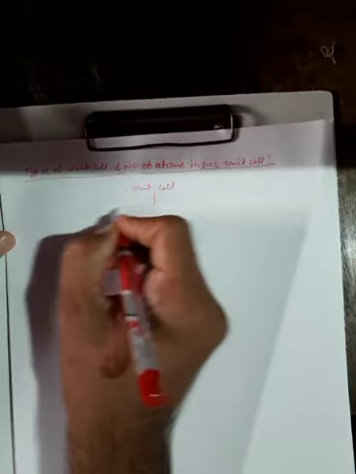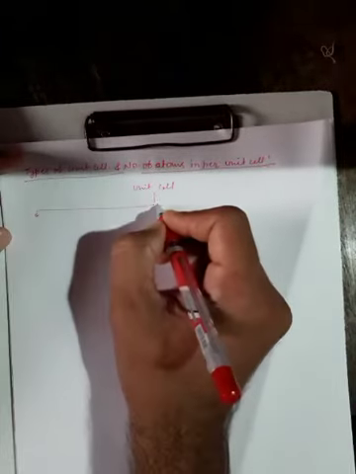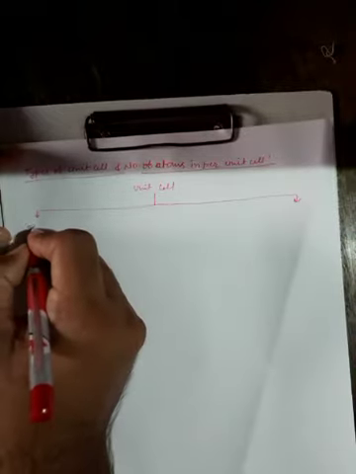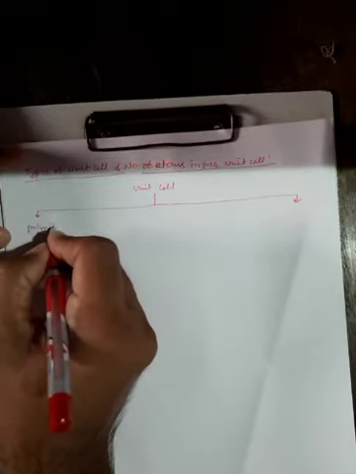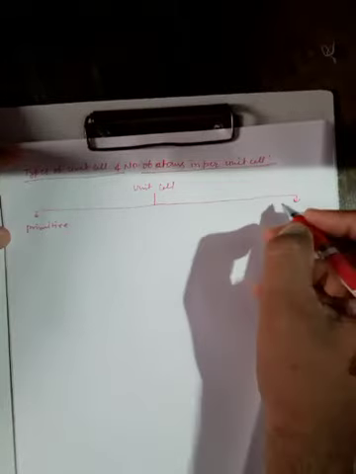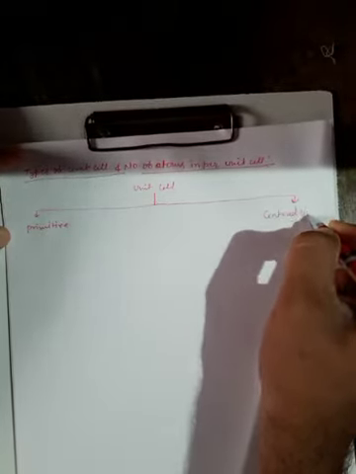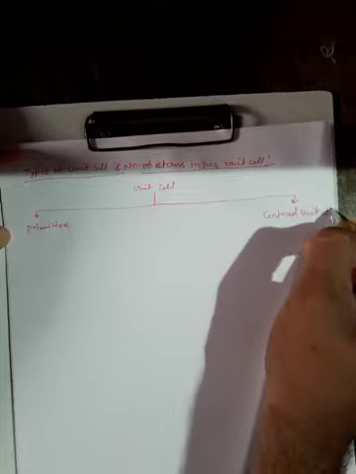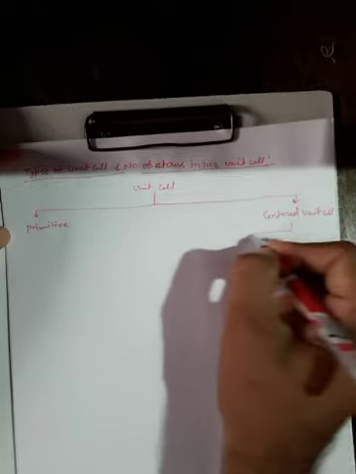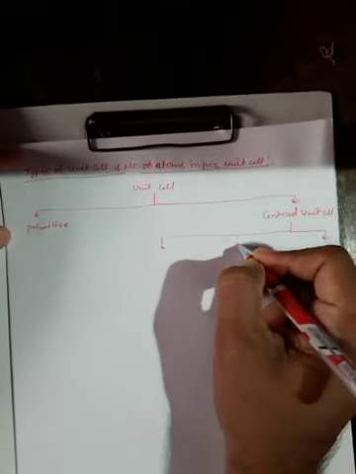The first of them is the primitive unit cell. Second is the centered unit cell. The centered unit cell has been further classified into three types.